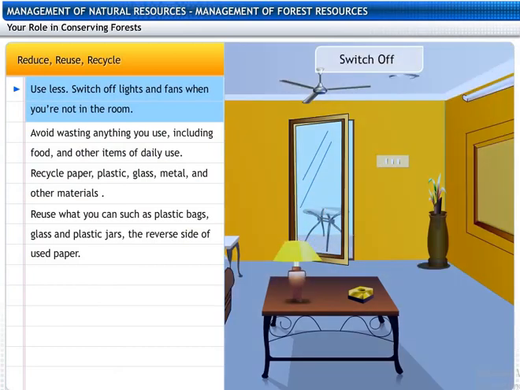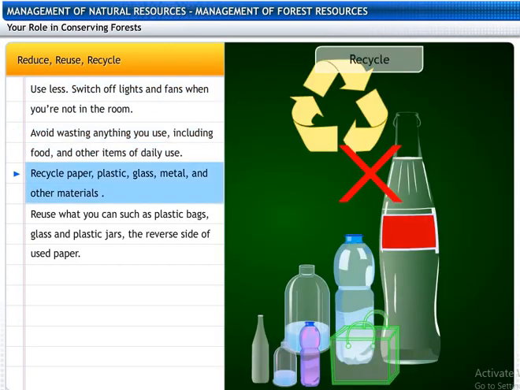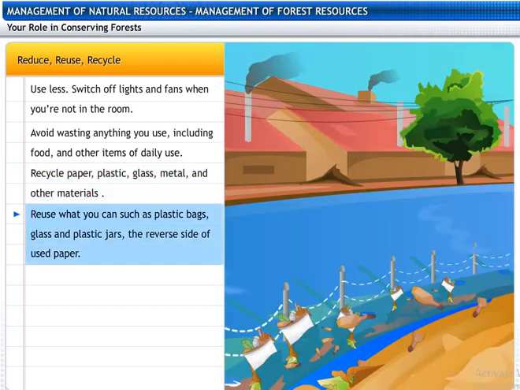Avoid wasting anything you use, including food and other items of daily use. Recycle paper, plastic, glass, metal, and other materials. Reuse what you can, such as plastic bags, glass, and plastic jars, the reverse side of used paper, and so on. Remember, all these small steps make a difference if we all follow them.